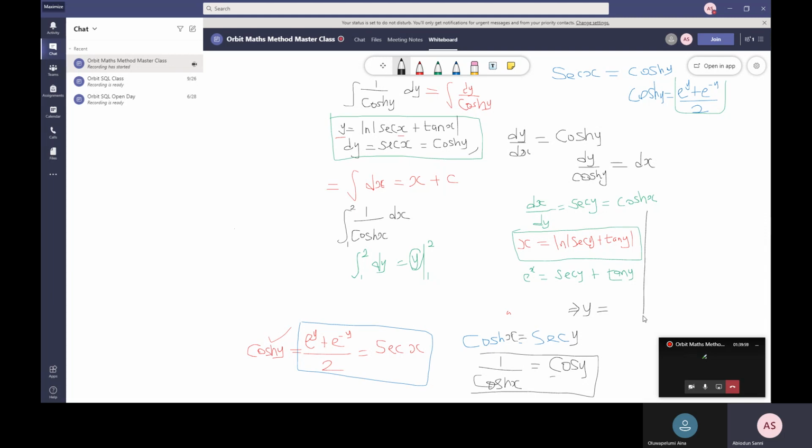So if we have that, that means cos y is equal to 1 over cos x, which is actually sec x, like the hyperbolic sec, right? Yeah. So y will now be what? Arc cos of sec x. So this is going to be arc cos of sec x.